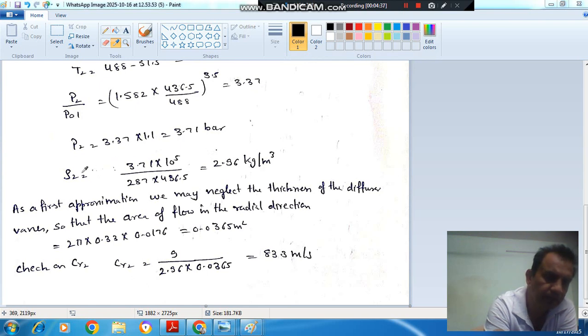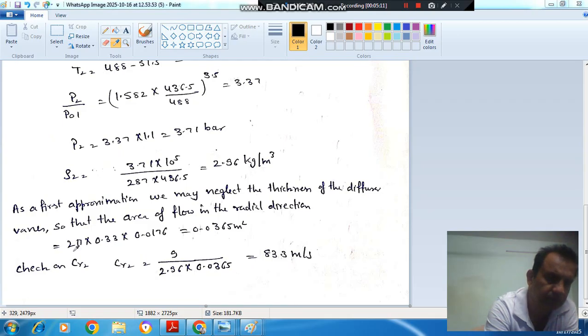And from the state equation, rho 2 will be P2 by RT2, so that is 2.96 kilogram per meter cube. Here this is your density, this is your pressure, and this is your static temperature. After calculating density, we can use mass flow rate. If we assume this density and take the area as in the previous example, where the radius was 0.3 and now it is 0.33.